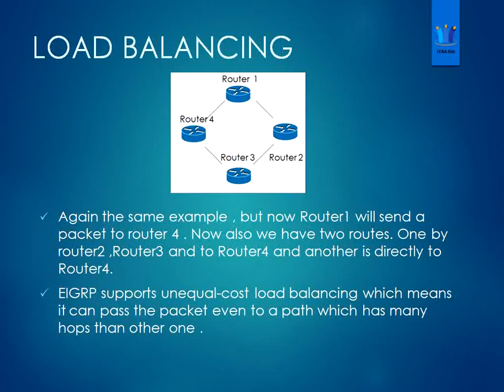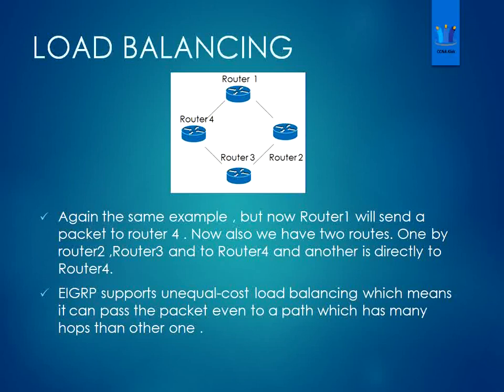So again the same example here, but now router 1 will send a packet to router 4. Now also we have 2 routes, one by router 2, router 3 and router 4, and the other one is directly connected. So EIGRP supports unequal cost load balancing, which means it can pass the packet even to a path which has more hops than the other one.